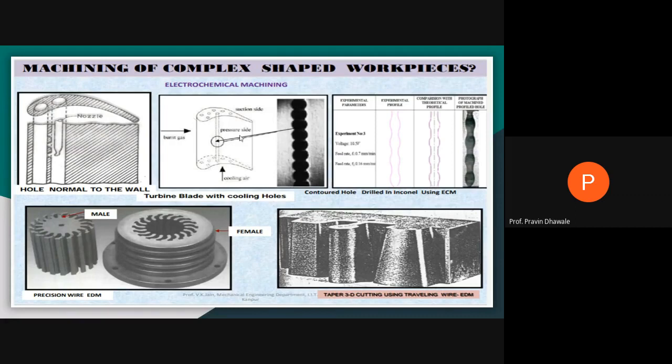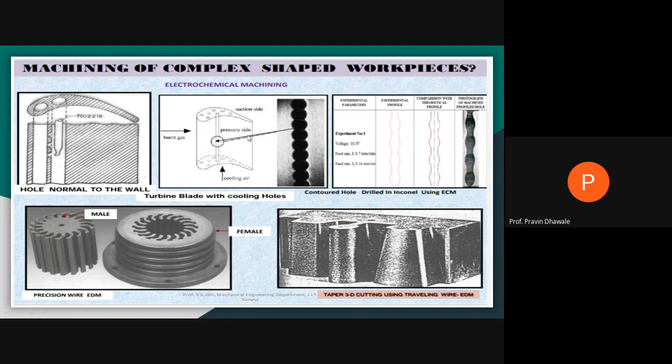But in order to maintain the temperature of that blade, we are providing certain holes through which cooling air is to be passed. Here, this will be one hole, and that will be throughout the blade.